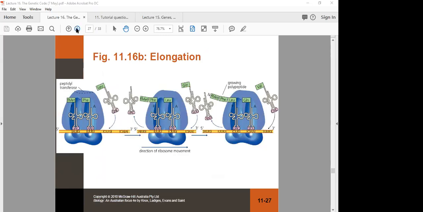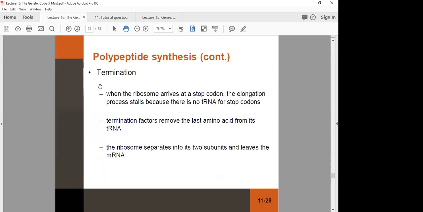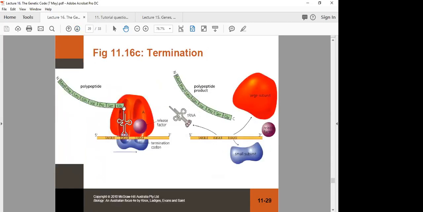This completes elongation, and now we get to the final phase of translation called termination. And this happens when the ribosome moves to a codon called a stop codon or termination codon. So remember, in the table called the genetic code, there are 3 stop codons. They don't encode any amino acid, so there is no transfer RNA that can actually bind to this particular codon.